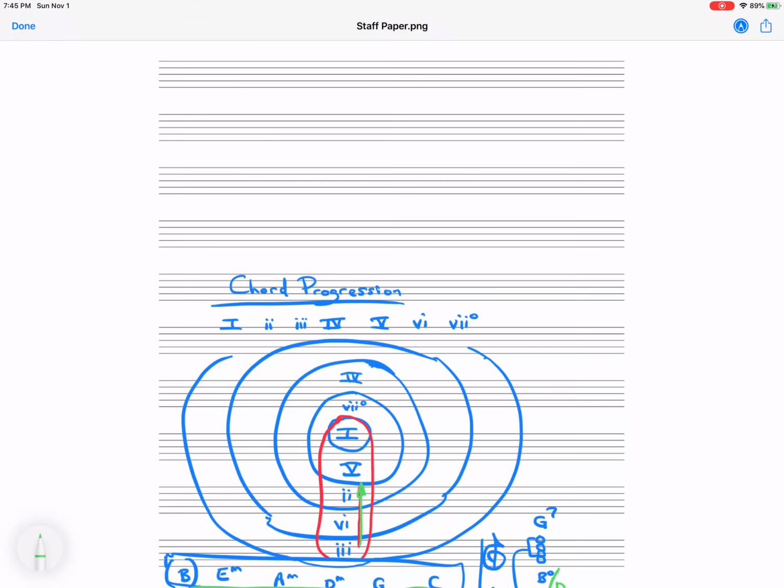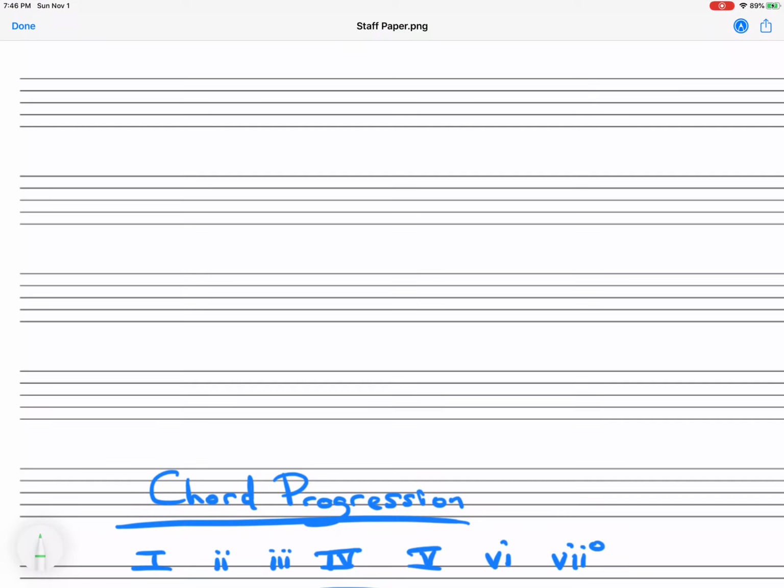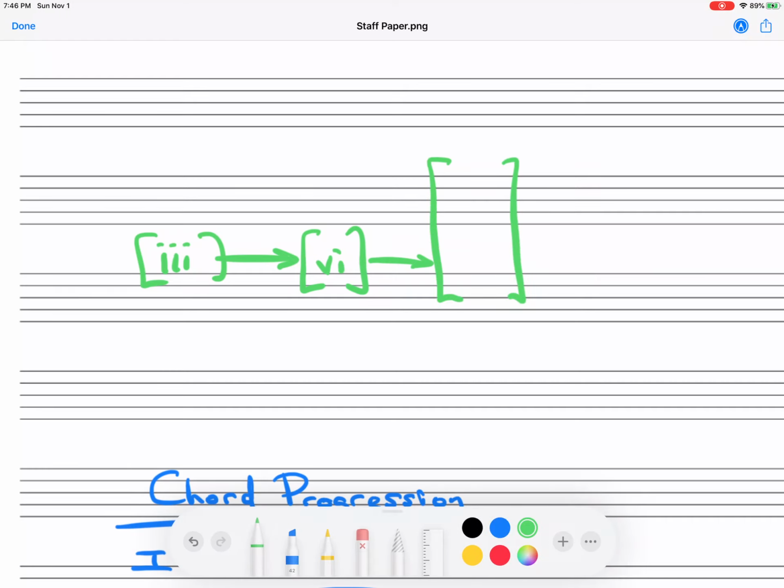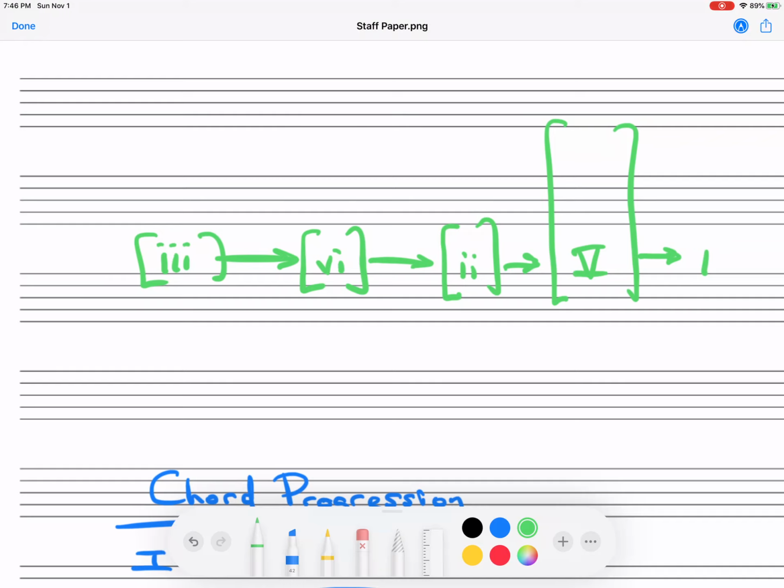So here's the entire chart. 3 goes to 6, goes to 2, goes to 5, goes to 1. Okay, so there you see the circle progression part at the bottom.